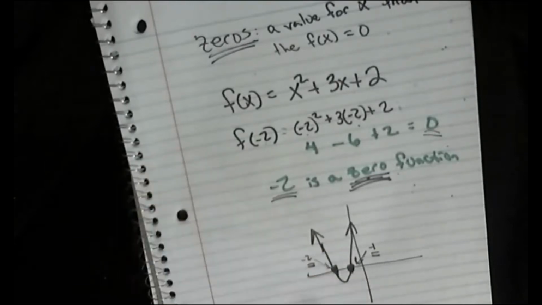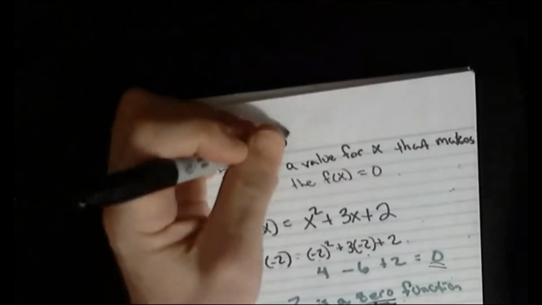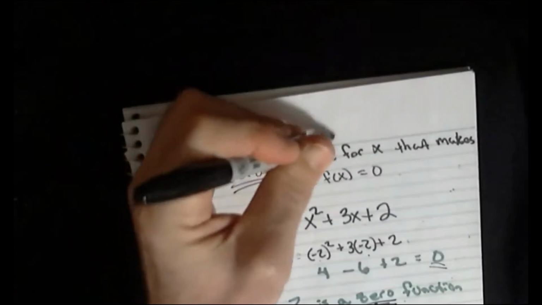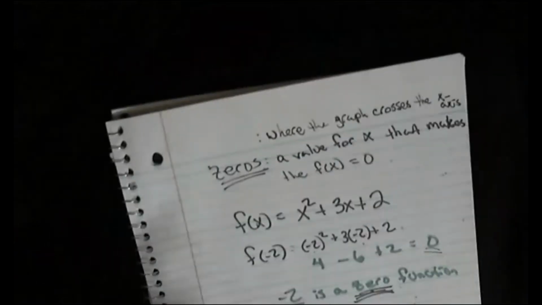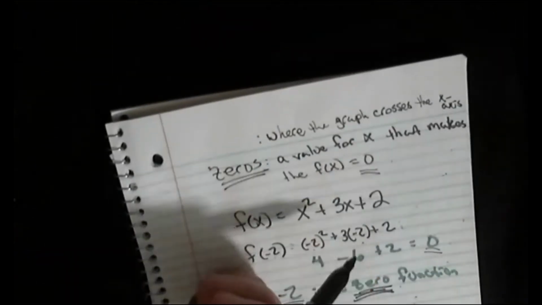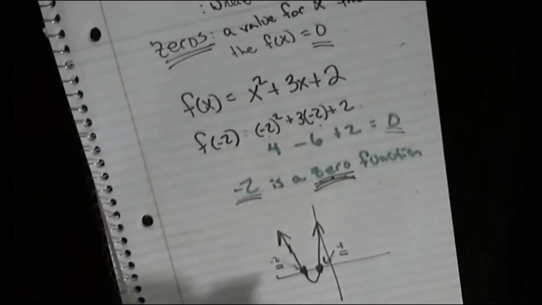It's where your graph is going to cross the x-axis. A 0 makes the function equal 0, and it also shows where you cross the x-axis.